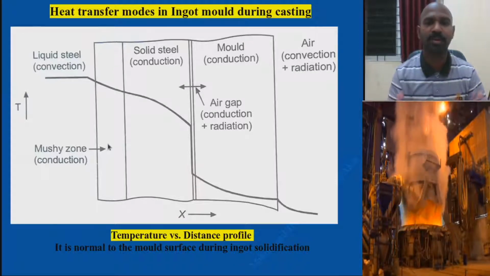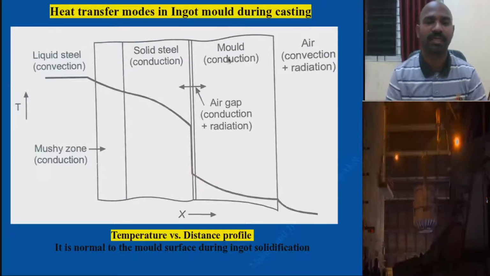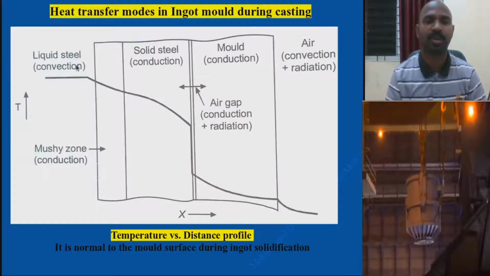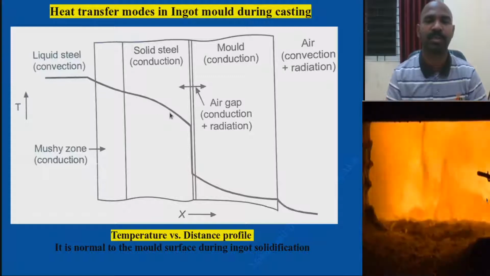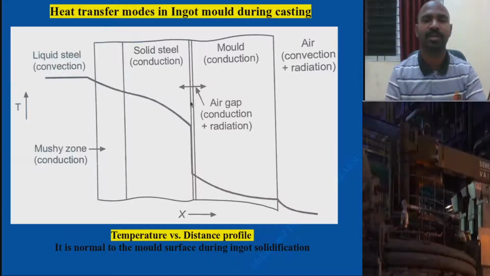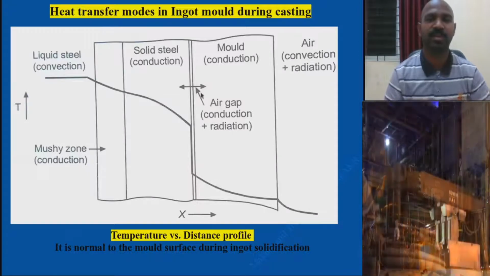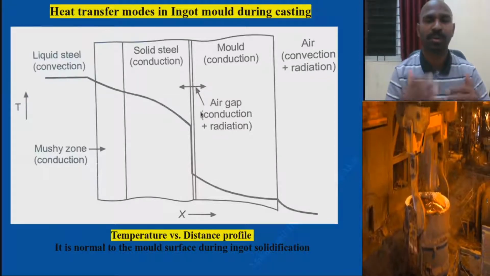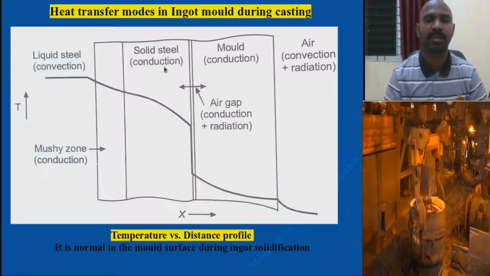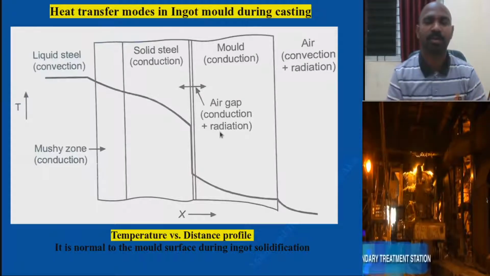Remember this new term. Another point about this mold: as the liquid steel is poured and gets solidified, an air gap exists. That air gap involves air and radiation. It is in contact with the solidified steel. That is why the heat transfer mode in the air gap is conduction and radiation.